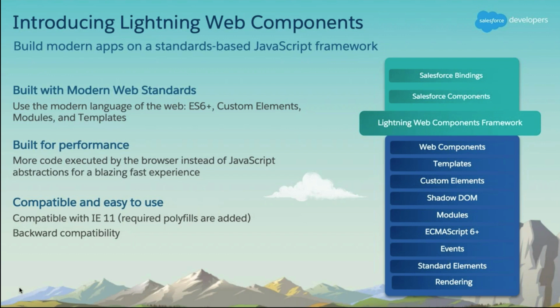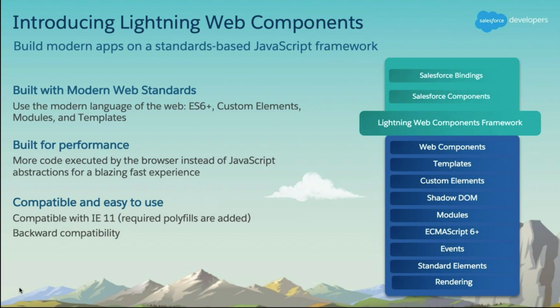Finally, the most important part is it is compatible. IE11 is a browser that generally doesn't catch up to standards as much as we want, but it turns out most of our customers are very interested in using only IE11. So with our framework, you write your components. If your browser is capable of executing web components by itself because it is modern, it runs on web components.